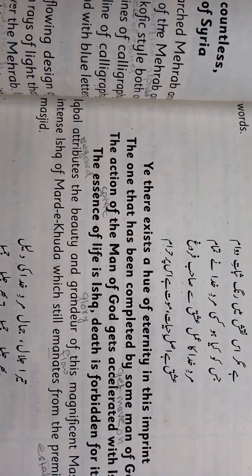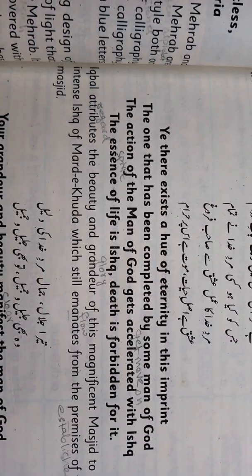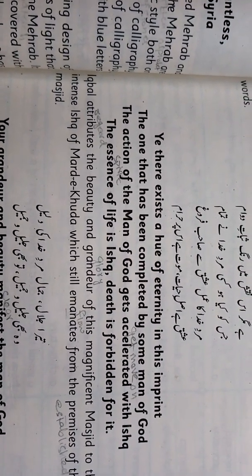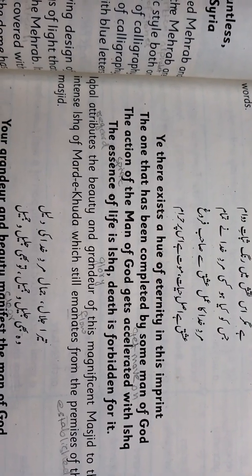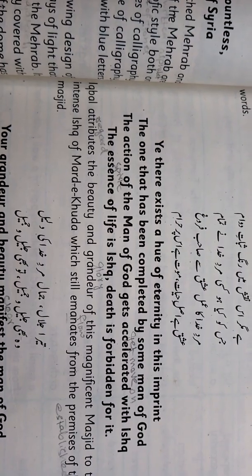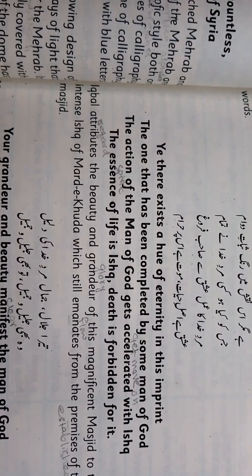He said that here there exists a hue of eternity in this imprint, the one that has been completed by the man of God. The action of the man of God gets accelerated with ishq. The essence of life is ishq; death is forbidden for it.